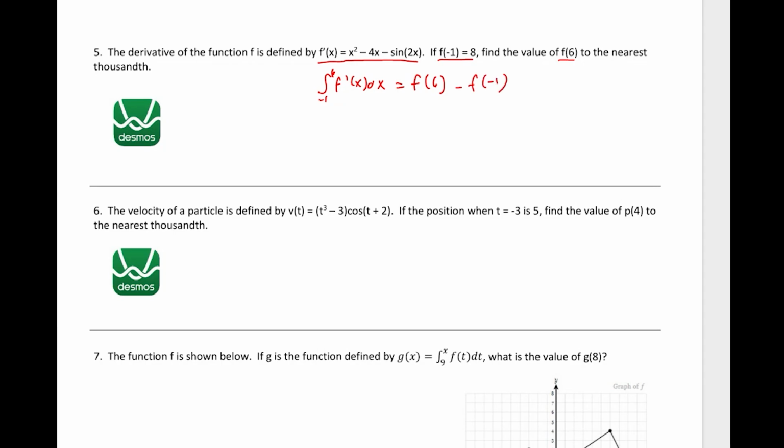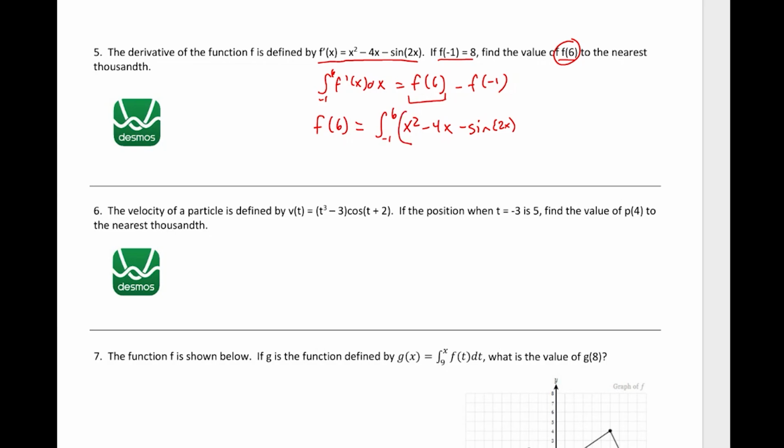And if we're trying to find the value of f of 6, we're going to isolate that by adding f of -1 to both sides. So this is what we're going to type into the calculator. To get f of 6, we want the integral, and I'm not just going to type f prime here, I'm just going to type out the entire function. From -1 to 6, x squared minus 4x minus sine of 2x.